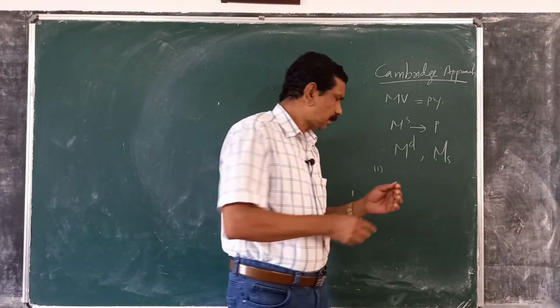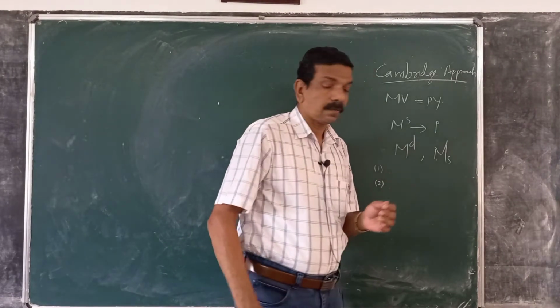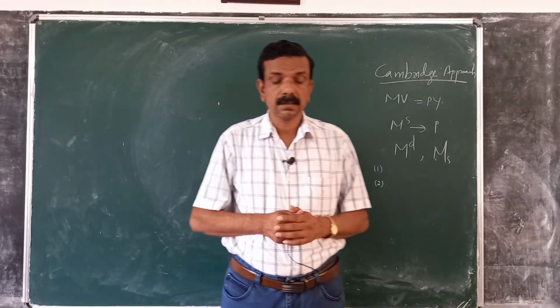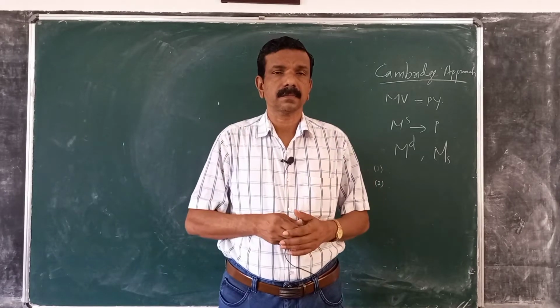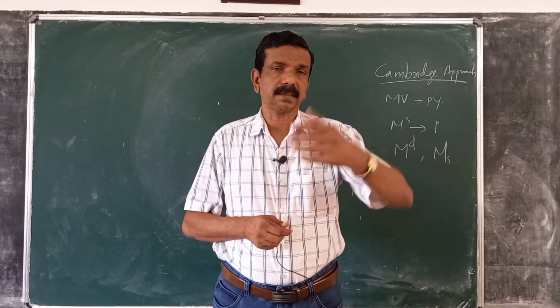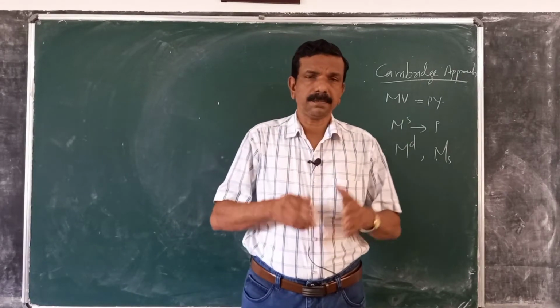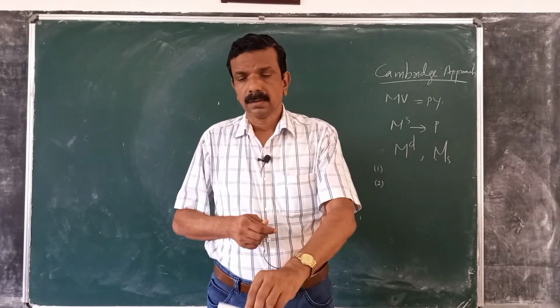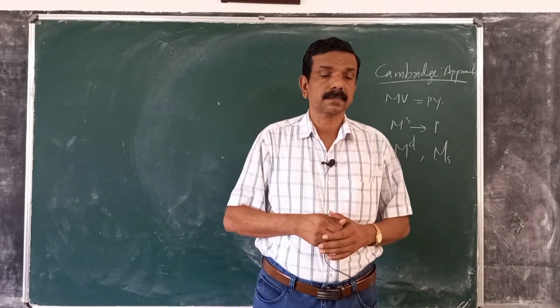Also, some money is held by the individual for meeting unforeseen contingencies, such as an accident or some other calamity. Every person will keep some money to meet such contingencies.